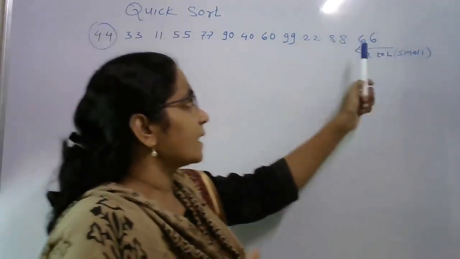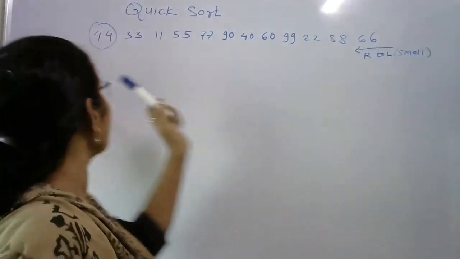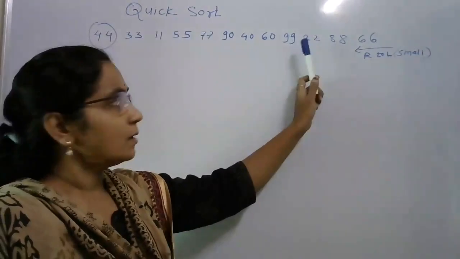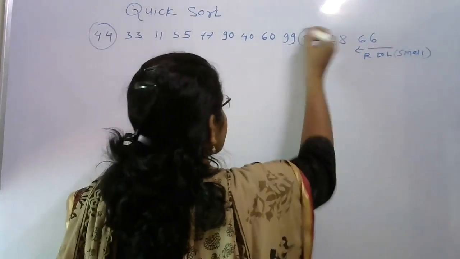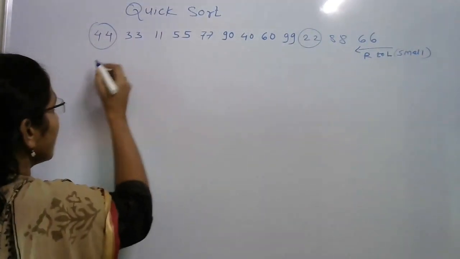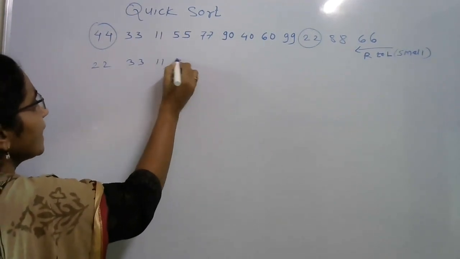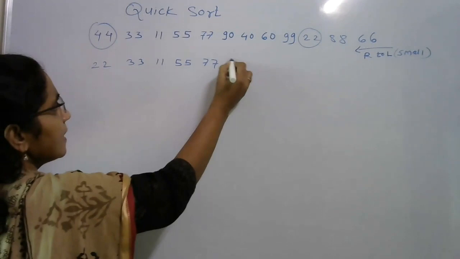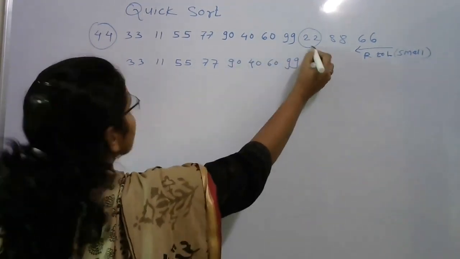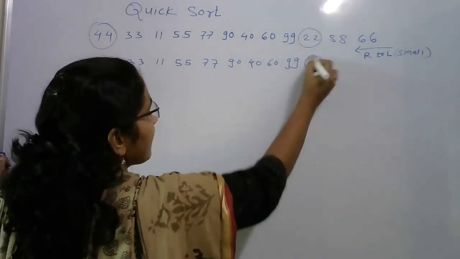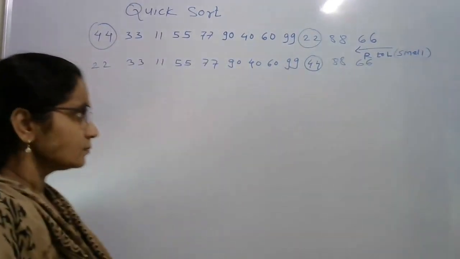So start the comparison. 66, it is greater than 44. 88, again greater. 22, yes, it is smaller. So you exchange both positions, 22 and 44. So 22 is here, then 33, the remaining elements as they are, and the pivot element is exchanged with this smaller element. Here 44 is our pivot element, then 88, and then 66.